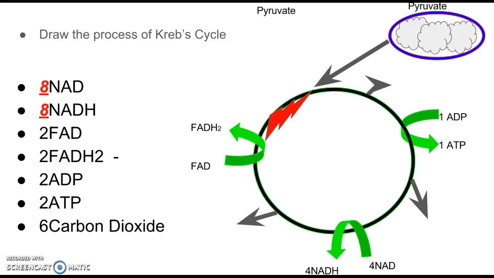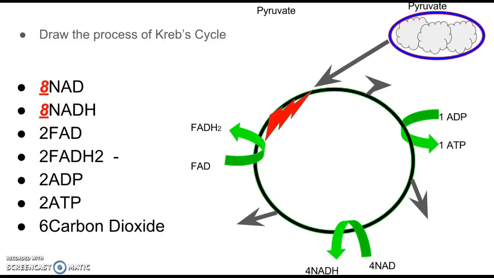So, moving into the mitochondria and having a picture of the mitochondria, we move to the Krebs cycle. The Krebs cycle is a series of reactions in which the pyruvate is broken down into carbon dioxide. The steps of the Krebs cycle are that the acetyl coenzyme A, an enzyme, helps break down the pyruvate into 6 carbon dioxides, 2 ATP, 8 NADHs, and 2 FADH2s.